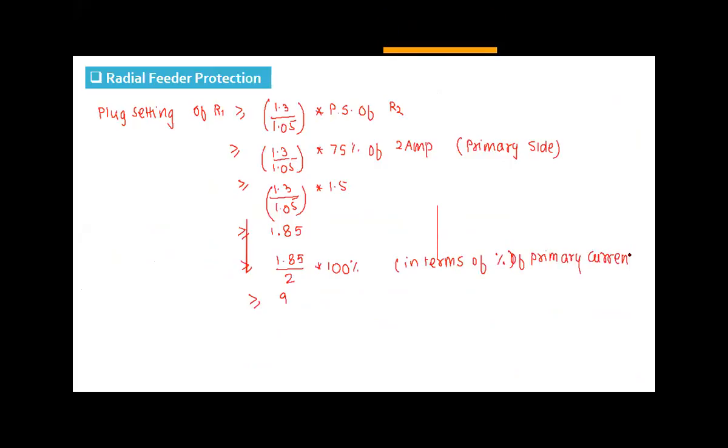In terms of primary current, 1.85 divided by 2, what is coming? 92.5. Okay, 92.5.